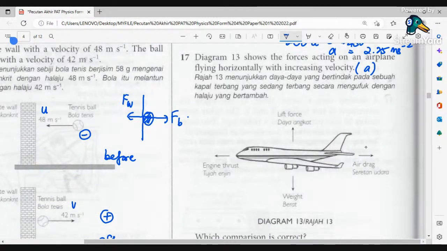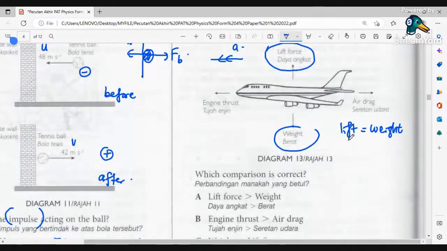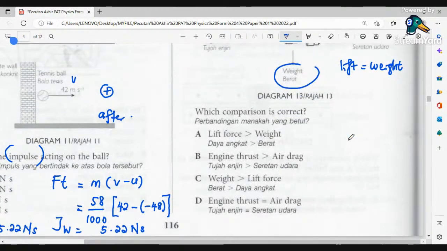Okay. Flying horizontally maintains same height, meaning vertical forces are balanced. Lift force equals to weight. Moving forward, accelerate. Accelerate means engine thrust is larger than air drag. Okay. The first one is wrong.